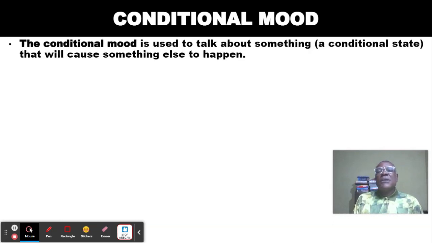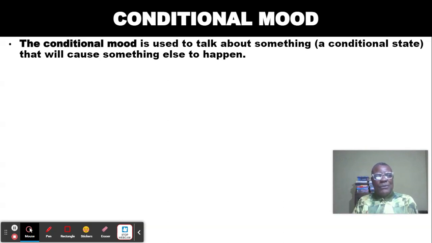So we have looked at the indicative mood, the imperative mood, and the interrogative mood. And now let's look at the conditional mood. The conditional mood is used to talk about something that is a conditional state that will cause something else to happen.